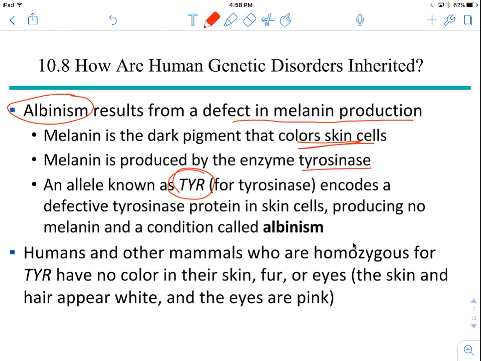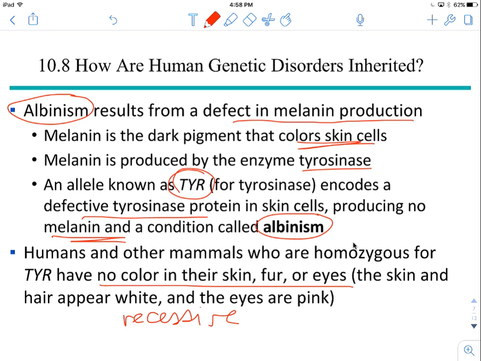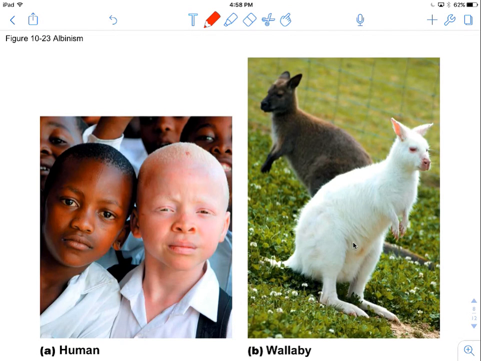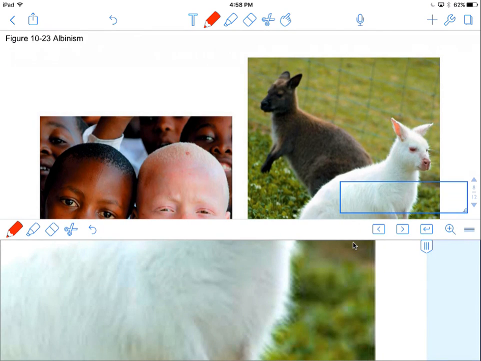If it is defective, there will be no melanin produced in the skin, and that condition is called albinism. Humans are homozygous, and again, this is a normal recessive disease, recessively inherited, and they have no pigment in skin, fur, or eyes. Here's an example: there's an albino wallaby, and here's an albino human.